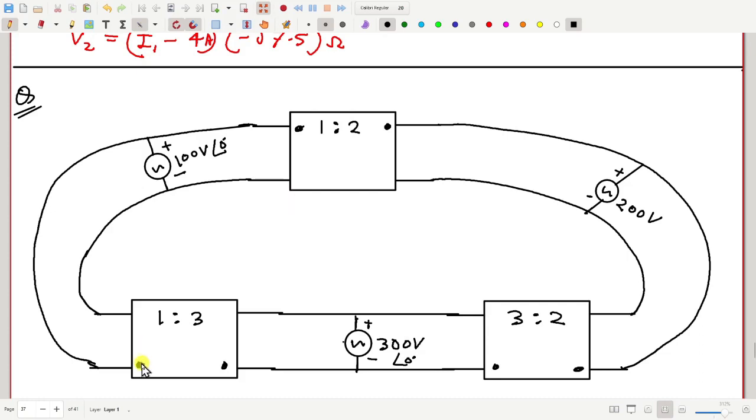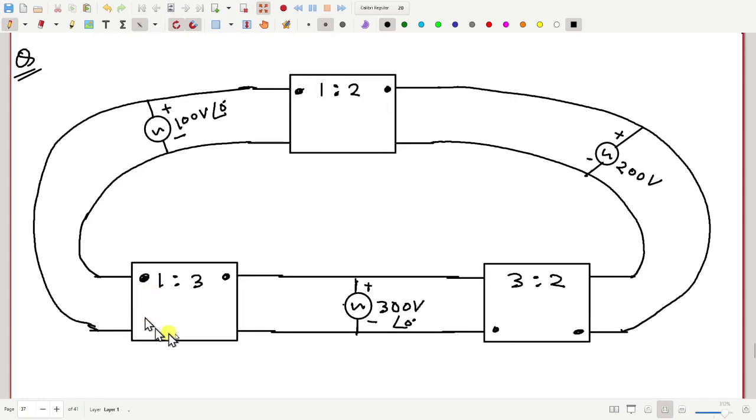But let me put one more thing before that. Can I put these dots here? Will it work? It will. It's basically the same.